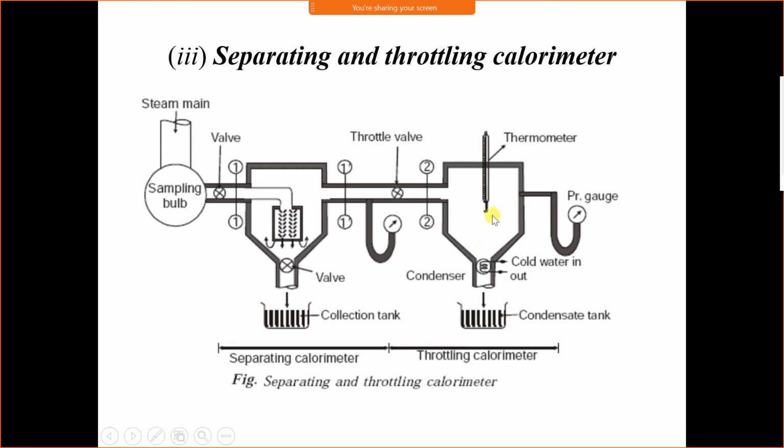But I want to calculate the amount of steam collected here. The amount of dry steam will be equal to the mass of water collected multiplied by the dryness fraction.